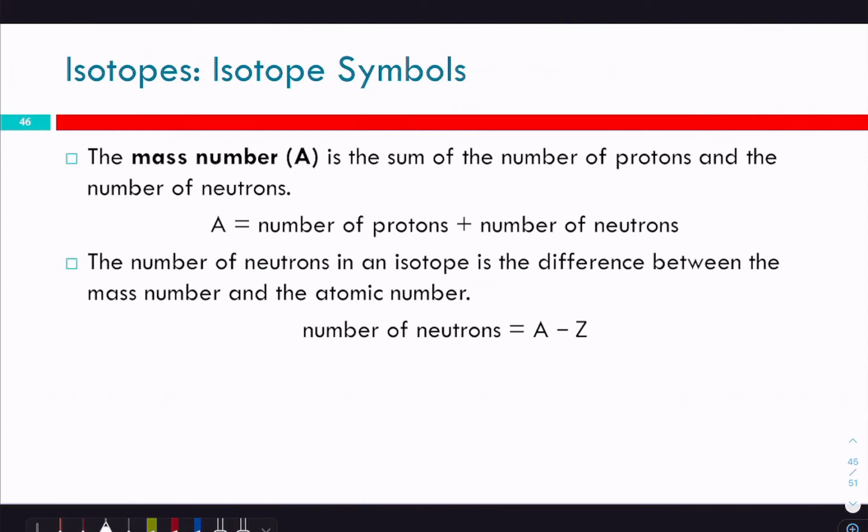So here, let me write this out. We have bromine 81, and it has 35 protons. I might say, how many neutrons does this isotope of bromine have? And then you would say, oh, it's just 81 minus 35. That is 46.